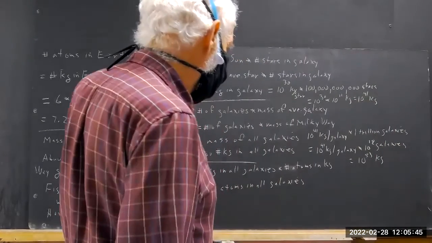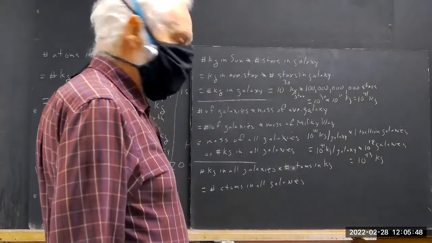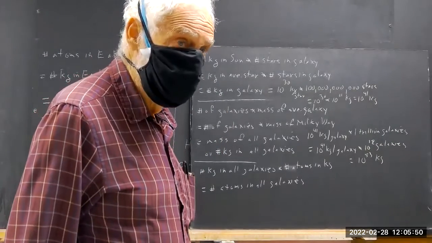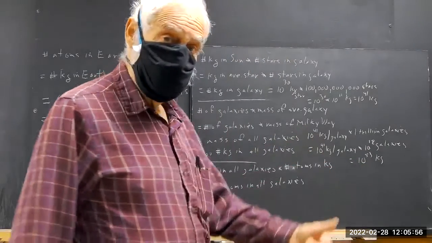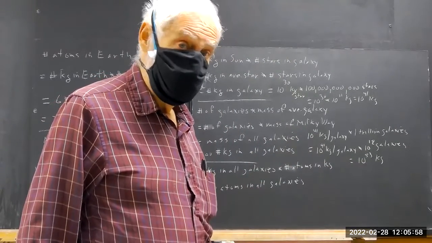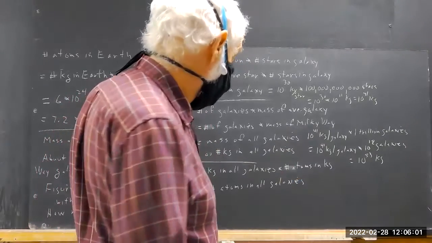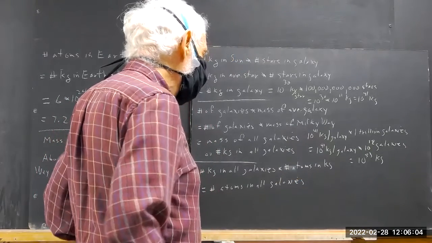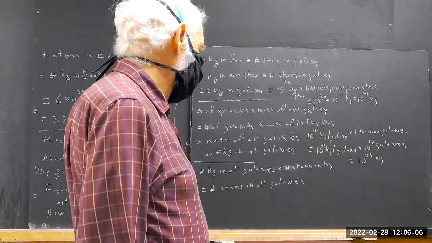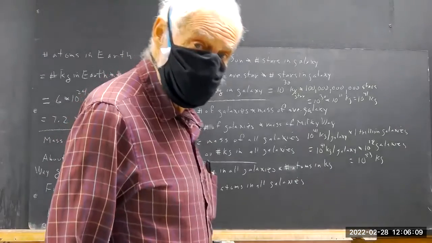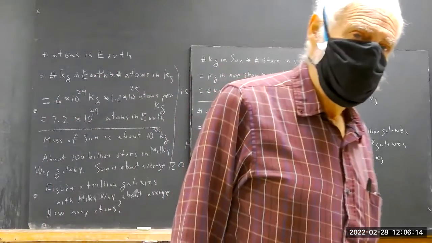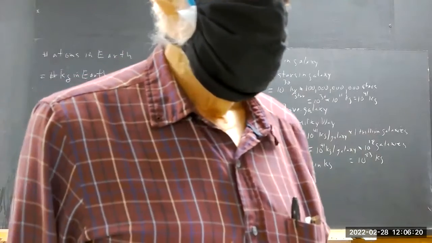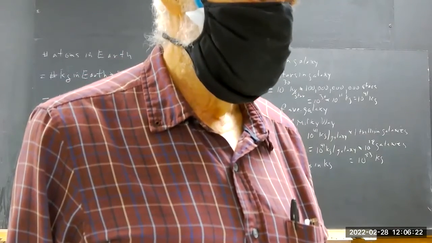That gives you an estimate of 10 to the 53rd kilograms in the whole blame universe. Then you multiply that by your 6 times 10 to the 23rd, and you get the number back. I think the estimate comes out a little higher than that, but it would be about 10 to the 76. 6 times 10 to the 26, about 10 to the 70. 6 times 10 to the 76, which would be close to 10 to the 77.